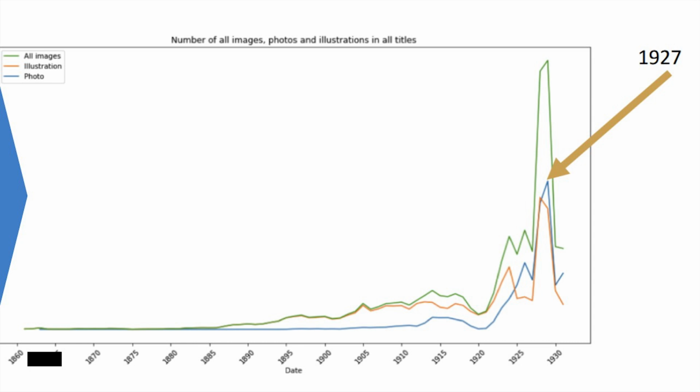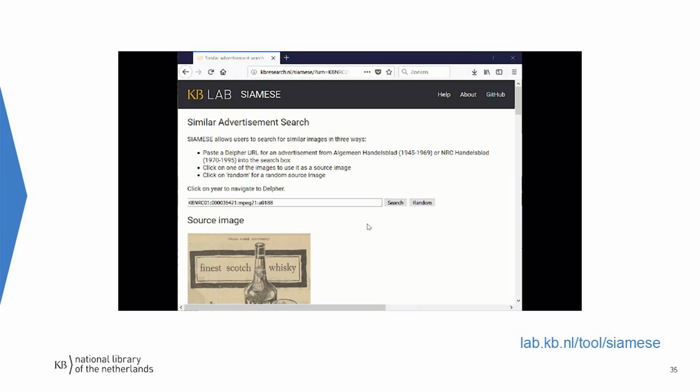That was the point when we got the switch in Dutch newspapers from other kinds of illustrations to photographs. And from Melvin, we created this demo. I think we saw something quite similar this afternoon, where you can search nearest neighbors kind of images, in this case advertisements in Dutch newspapers.